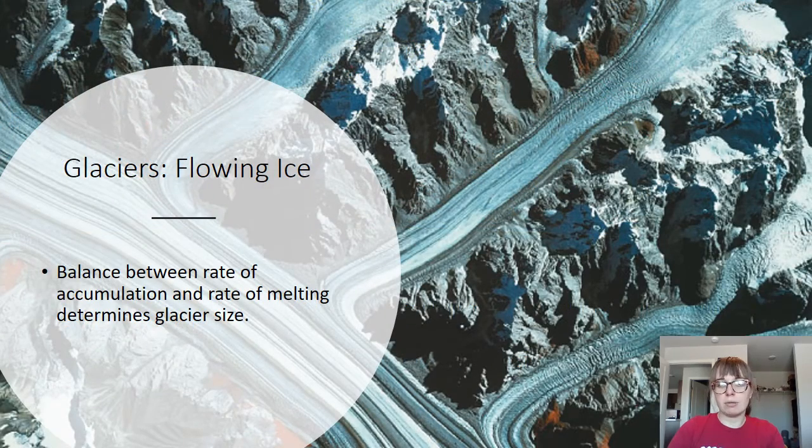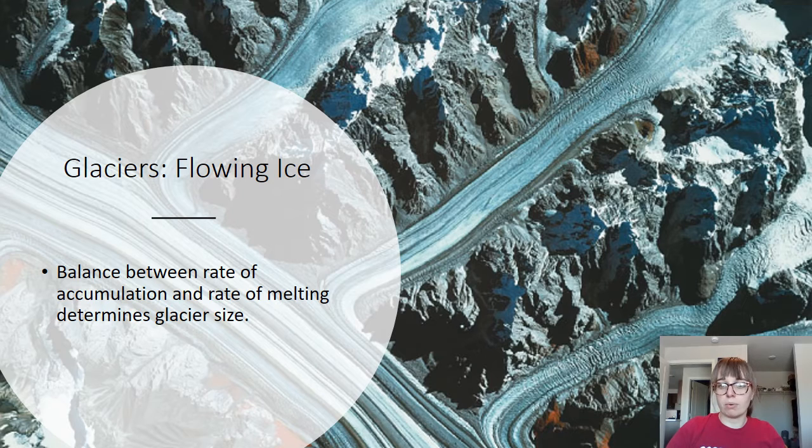So let's think a little bit more about glaciers as flowing ice. Glaciers, whether they are occurring in mountains or at our poles, are a system where ice is flowing, and it is a system where there is some balance, right? We talk a lot in class about how things like to be in equilibrium, and glaciers are another thing that like to be in equilibrium.